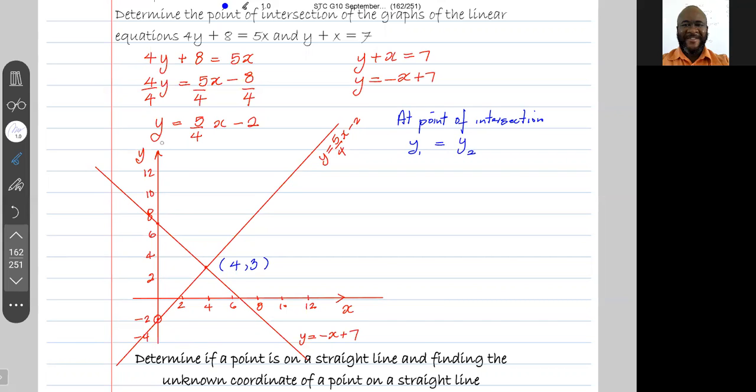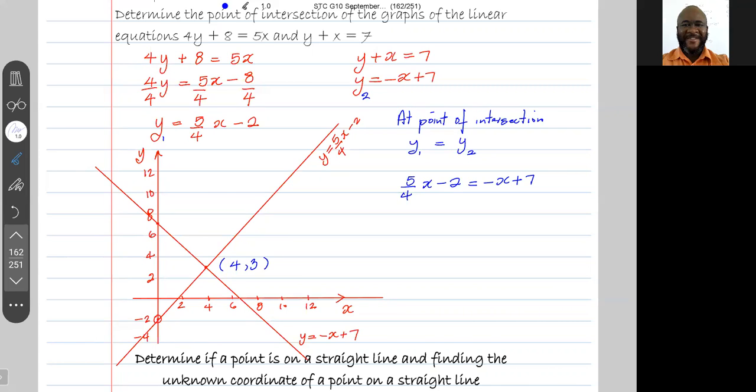Now, y for the first graph is 5 over 4x minus 2, and y for the second graph is minus x plus 7. At the point of intersection, those two y's are equal.